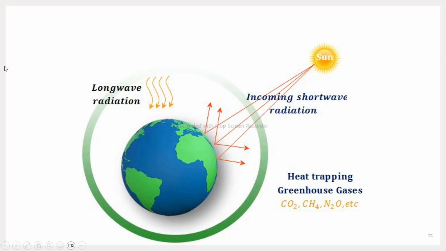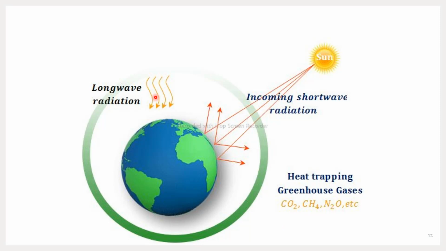The shorter wavelength coming from the sun, after getting reflected from the earth's surface, becomes longer, and these longer wavelengths are trapped with the help of different gases present in the atmosphere, such as carbon dioxide, methane, nitrous oxide, etc.